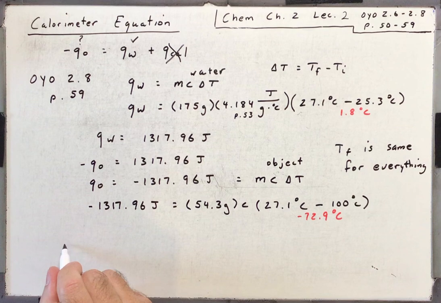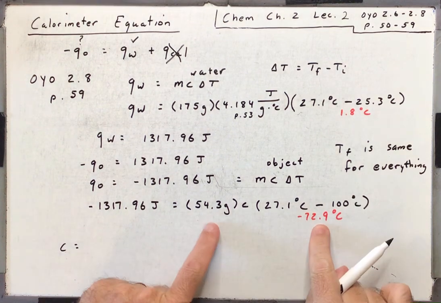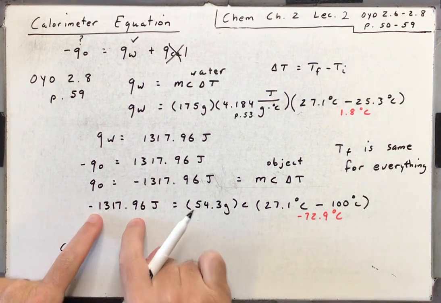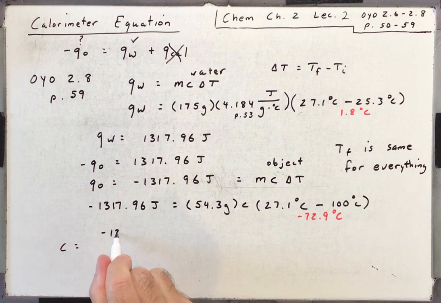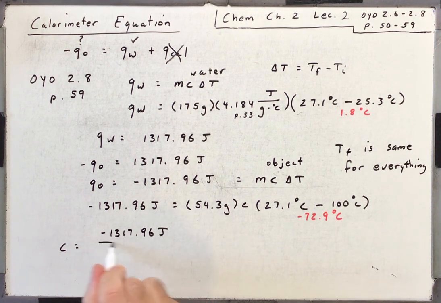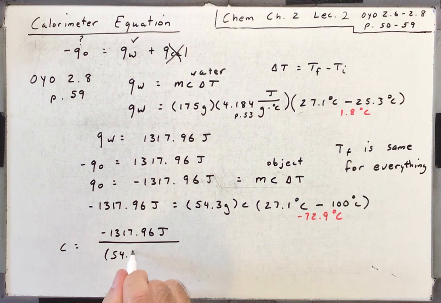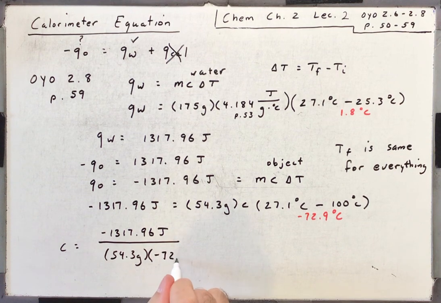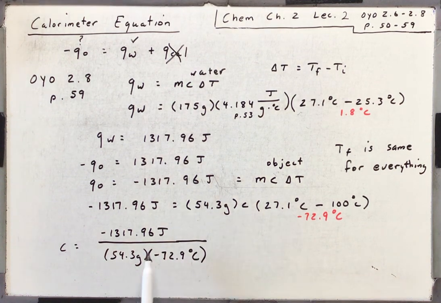Okay, solving for C, remember we're going to pull these two numbers underneath negative 1317.96. Okay, so it'd be 54.3 and negative 72.9 degrees C. Now I know I've done the algebra right because my unit's going to be joules over grams times degrees Celsius.